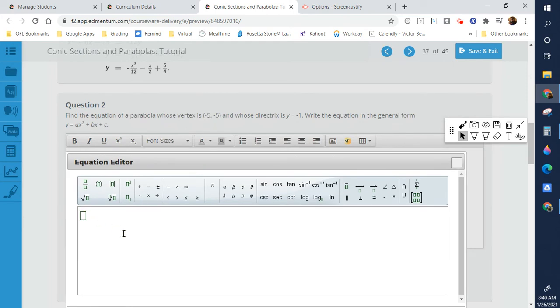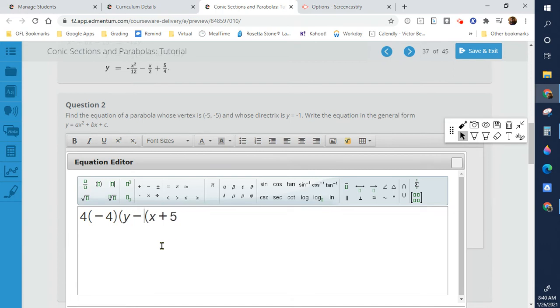So again, we're going to do x minus our h, which in this case is +5. Just to make this easier, I'm going to have the 4p over here, just because I don't like having to switch the p over later. So I said this was 4, and have y minus k.